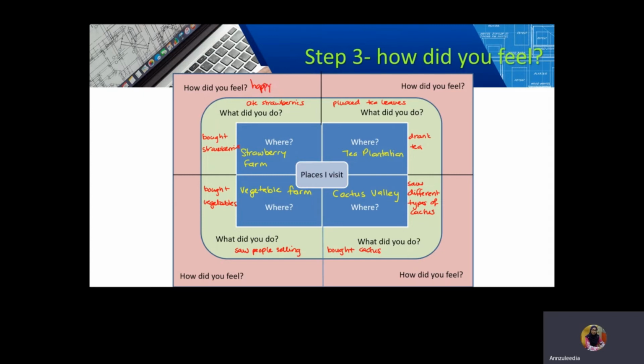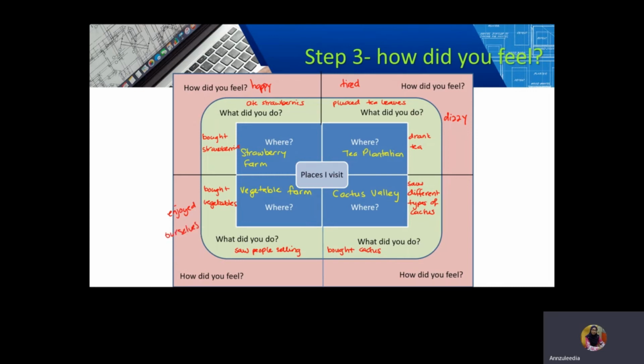Okay, maybe here, maybe tired, maybe because you're tired of walking around the tea plantation, or maybe you can put busy, okay, because you had to go through a long, winding road up to the tea plantation. Okay, so the feeling at the vegetable farm, maybe you can put enjoy ourselves.